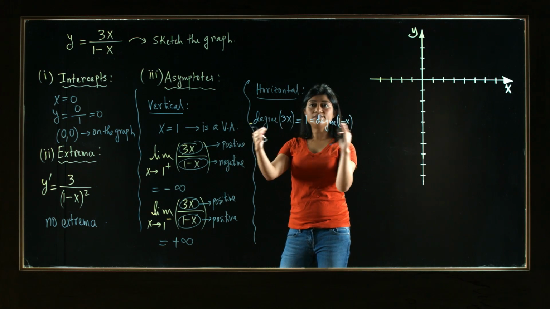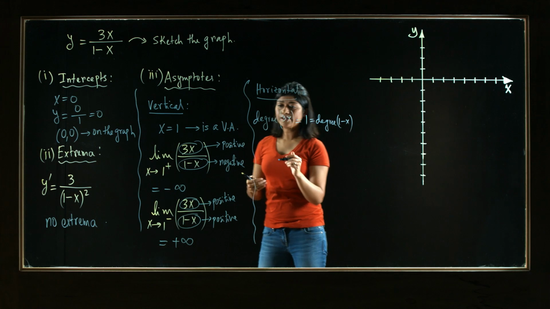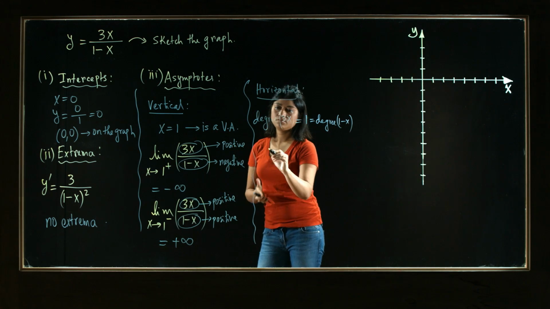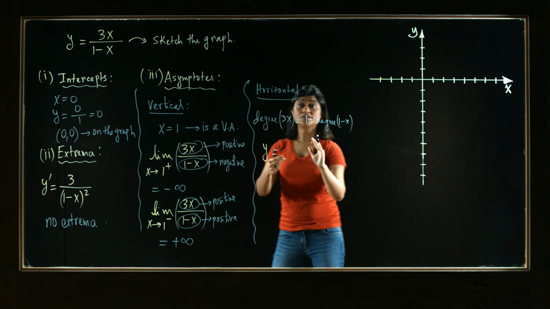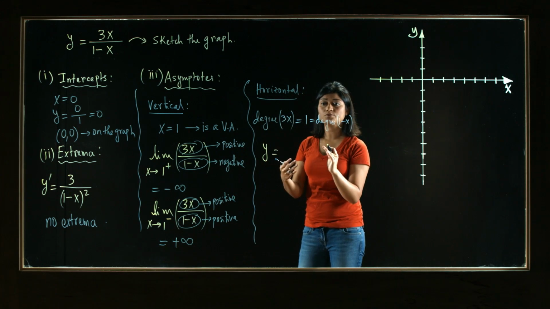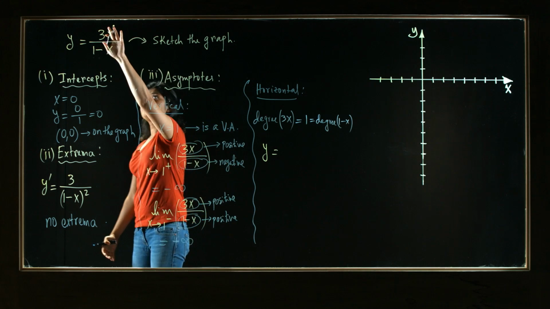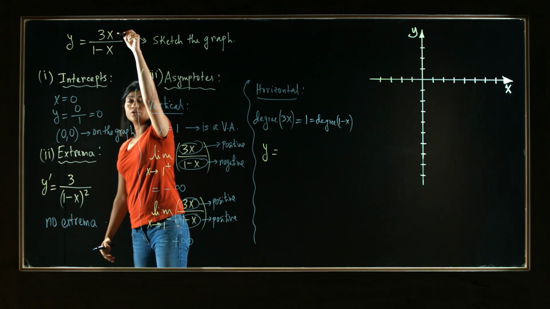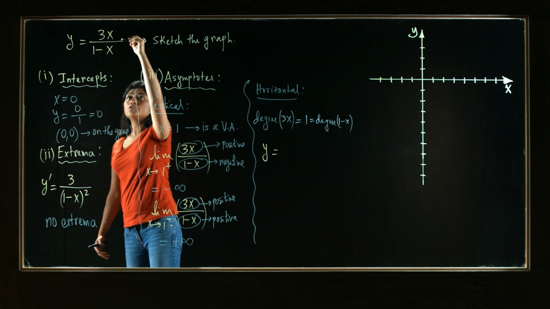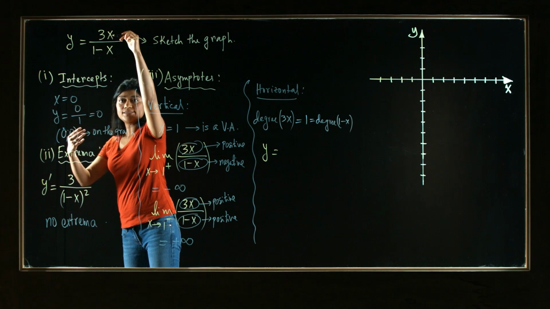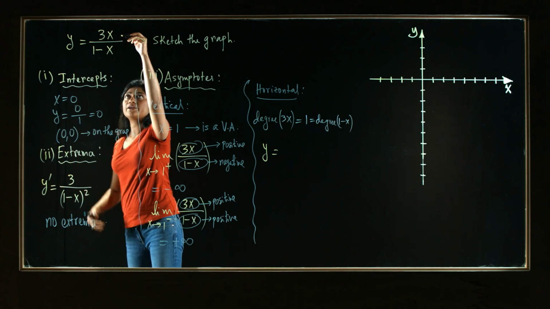Now, since the two degrees are the same, we know that y equals some constant will give us the horizontal asymptote. And how do we determine this constant? You come back here and look at the leading coefficient in the top and the bottom. The leading coefficient is the coefficient attached to the highest power of x.